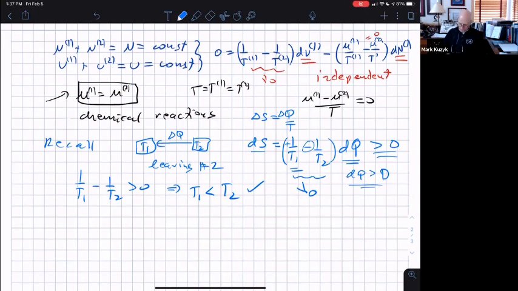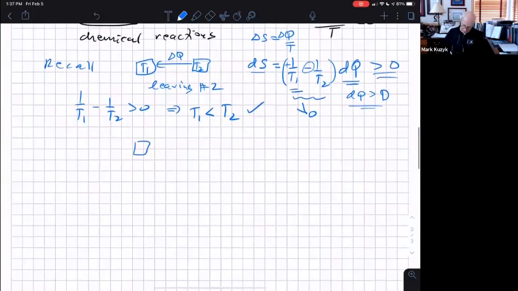Okay. So now let's say that instead of that, we're looking at N1 particles in this system and N2 particles in this system. And I'm going to say that the particles are flowing, let's say, in this direction. So this is dN.